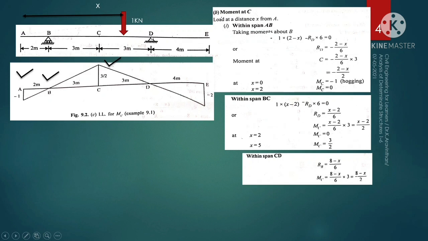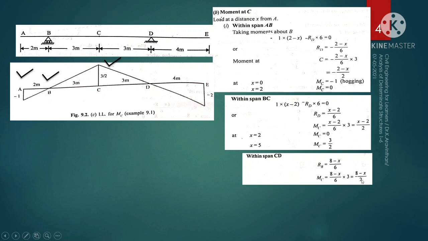If you need the moment at point C, you can look at the left hand side. Only one force is there, that is the reaction RB into distance. Right now we know RB, (8 minus x) divided by 6, into the distance 3. So I can cancel this 6 by 3, and I will be getting 2 here.